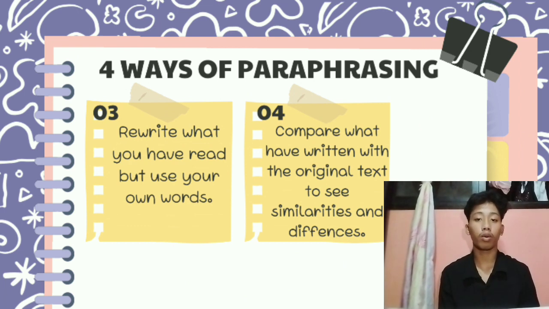Think carefully about the most appropriate words. Number four, compare what you have written with the original text to see similarities and differences. At last, you will see the difference in how you paraphrase a sentence with different words but the same meaning.